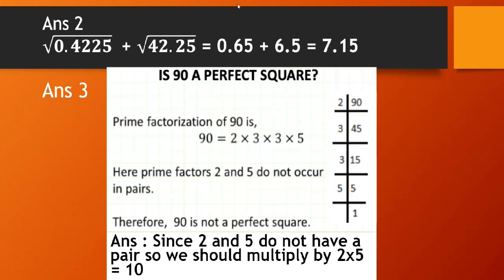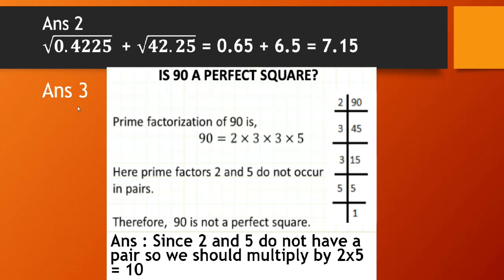We just need to put the decimal point. For the first, 0.4225, the square root is 0.65. As well as the second one, 42.25, very easy, just put 6.5. And if you add both of them, you will get your answer as 7.15.